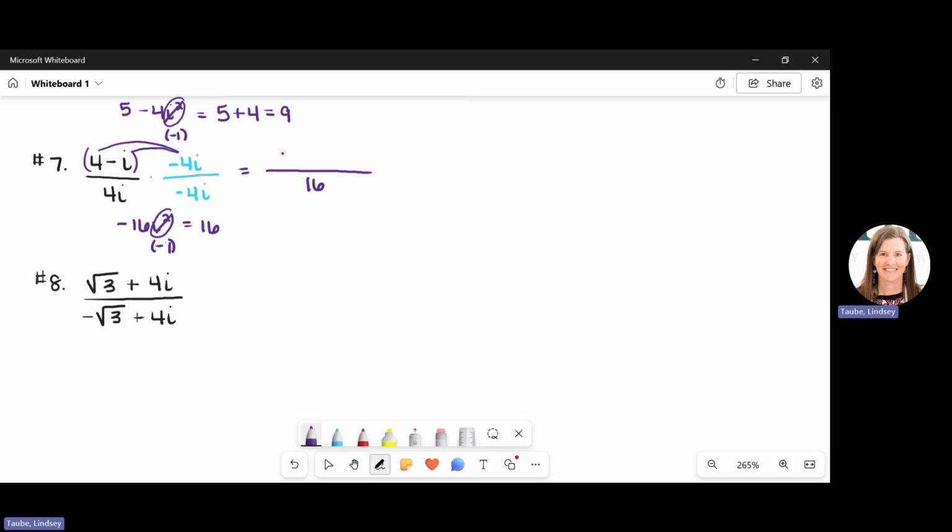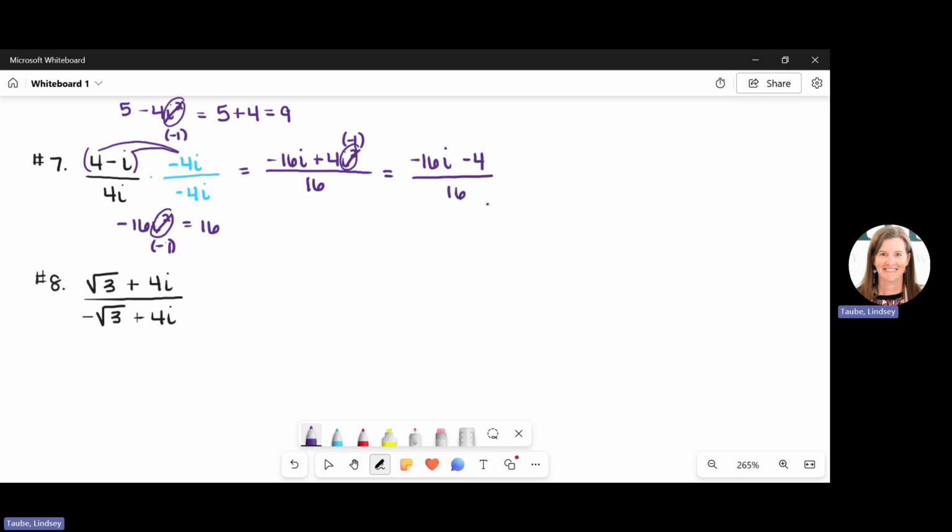So 4 times negative 4i is minus 16i. And negative i times negative 4i is positive 4i squared. Once again, i squared is negative 1. So we end up with negative 16i minus 4 all over 16.